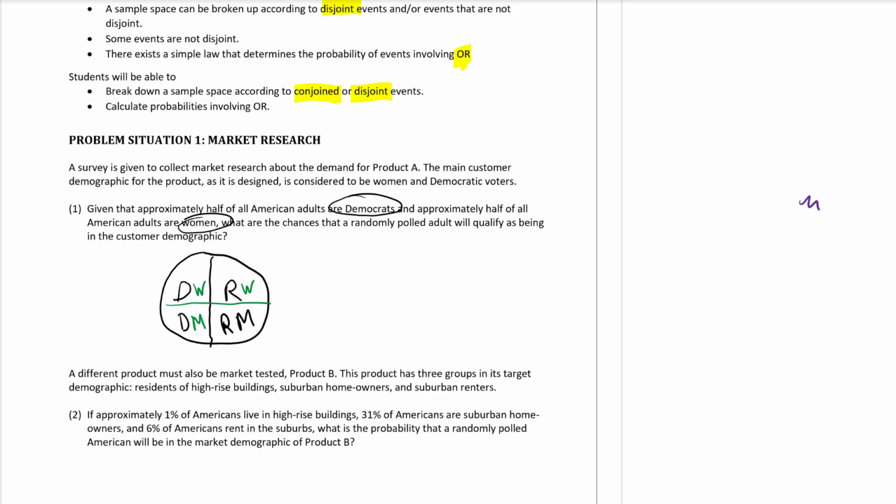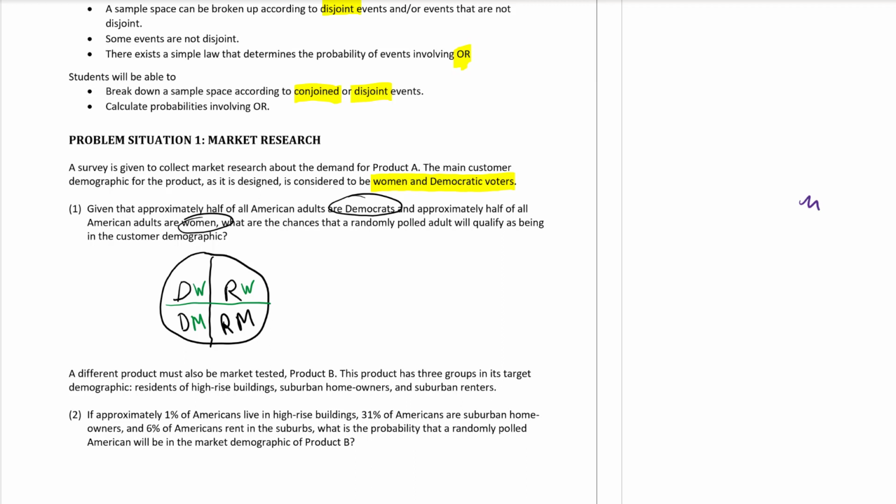You see it? So now looking at that, what are the chances that a randomly polled adult will qualify as being in the customer demographic, which is defined as woman and Democrat voters? And I would like to clarify here.